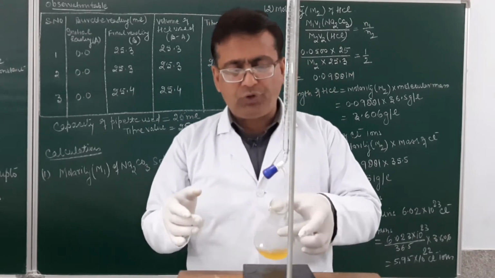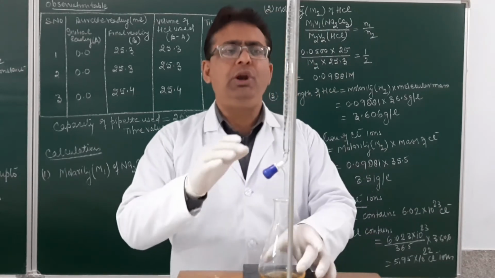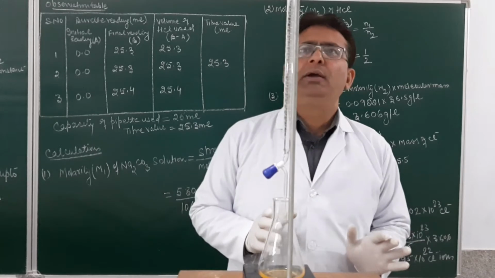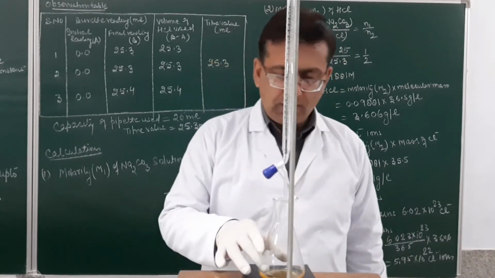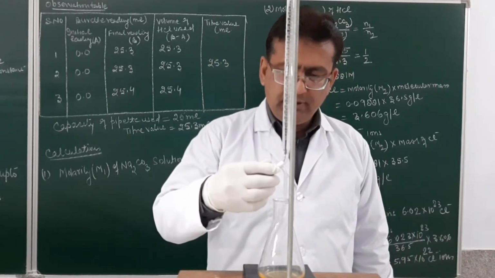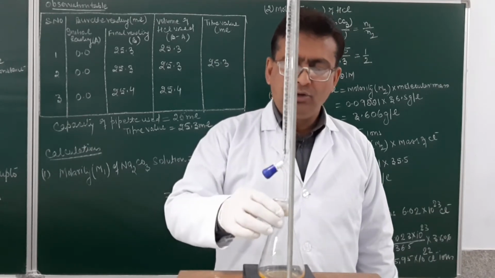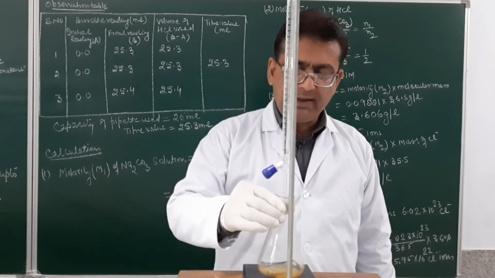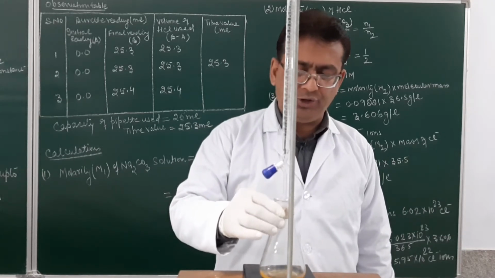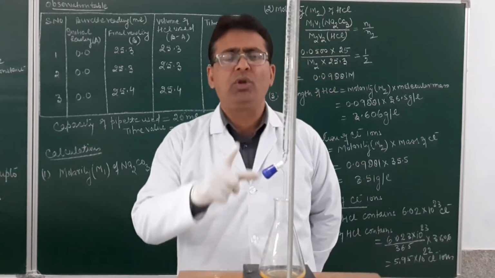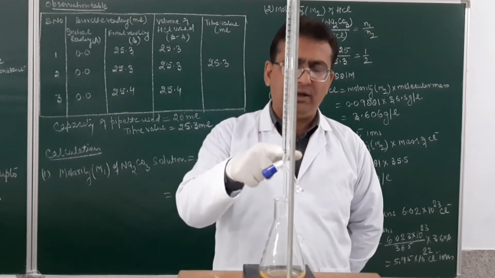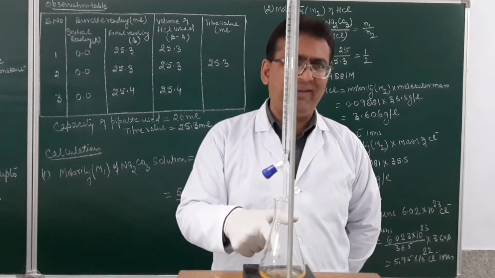We will put this conical flask below this burette clamped in a clamp stand, and we will add in a dropwise manner the solution of hydrochloric acid into the sodium carbonate solution. Hydrochloric acid is acidic in nature. Sodium carbonate is basic in nature.